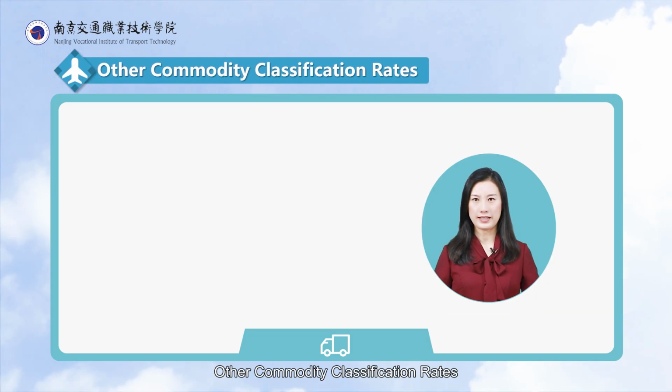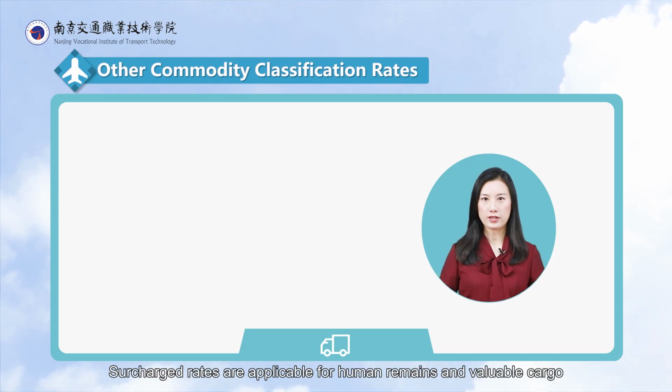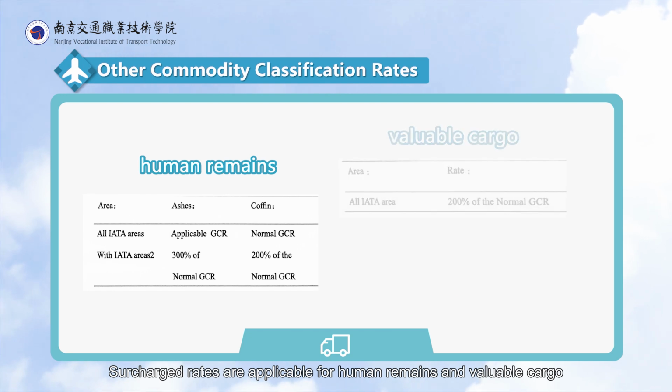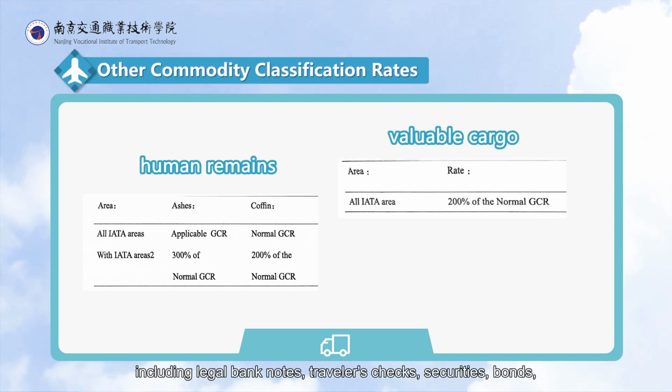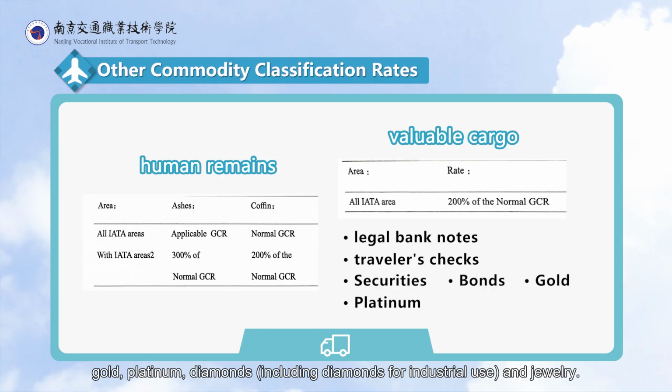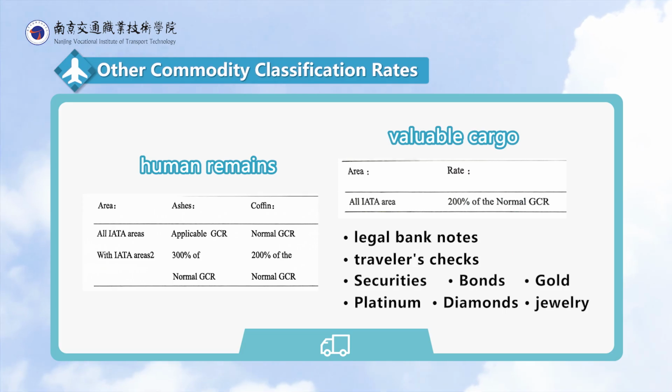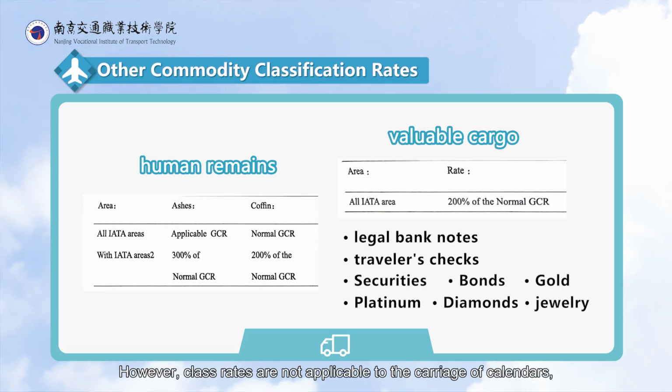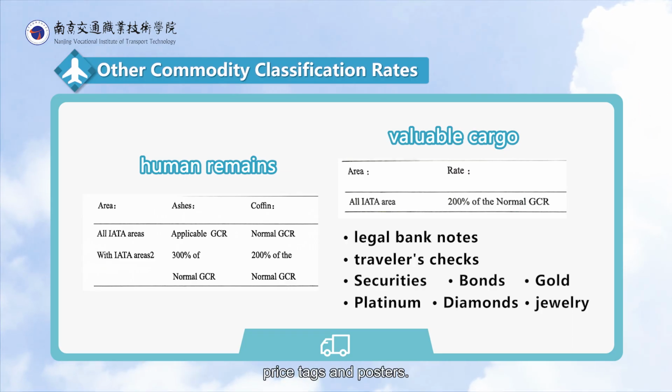Other commodity classification rates, surcharged rates, are applicable for human remains and valuable cargo, including legal banknotes, travelers' checks, securities, bonds, gold, platinum, diamonds, including diamonds for industrial use, and jewelry. However, class rates are not applicable to the carriage of candidates, price tags, and posters.